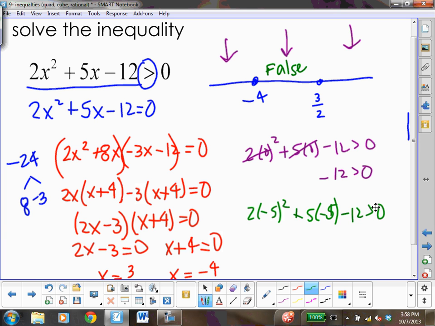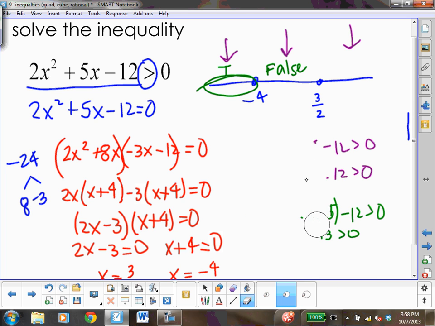And a lot of times you can do this math in your head. 2 times negative 5 squared, that's 50. And then minus 25 minus 12 gives me 13. And 13 is in fact greater than 0, so this is true. So this section, or this interval, will be part of my solution.